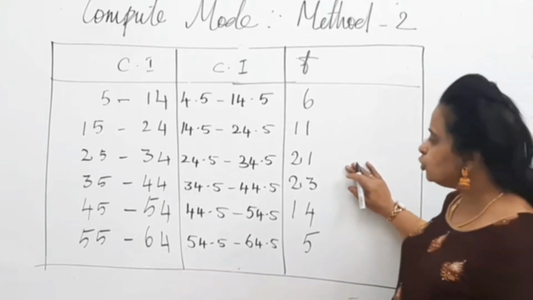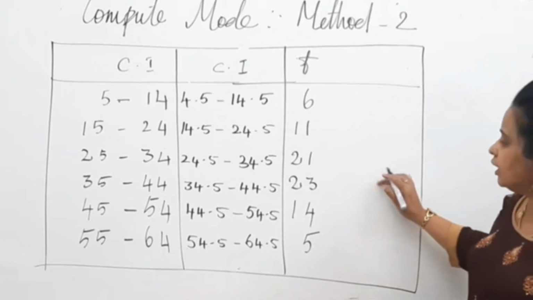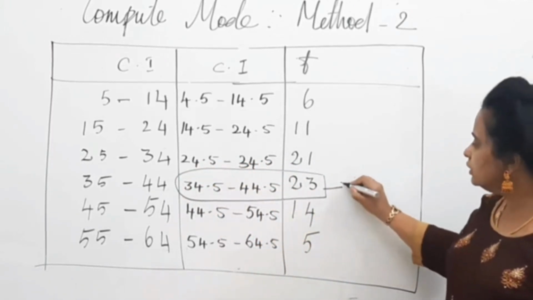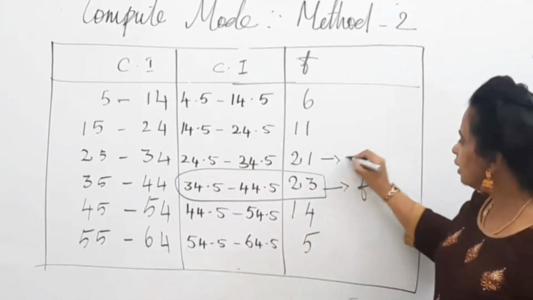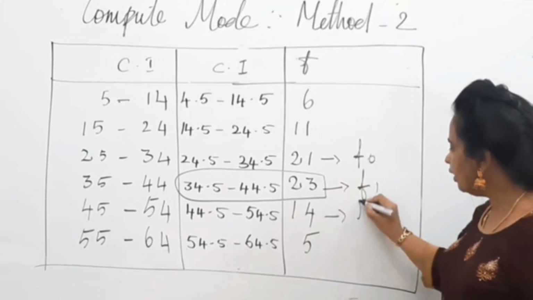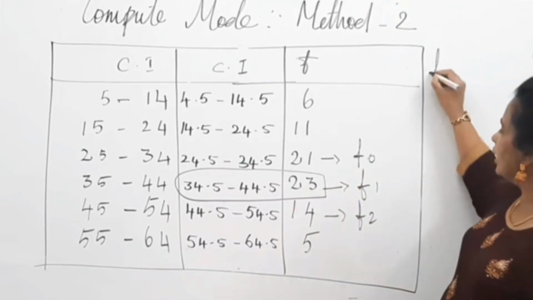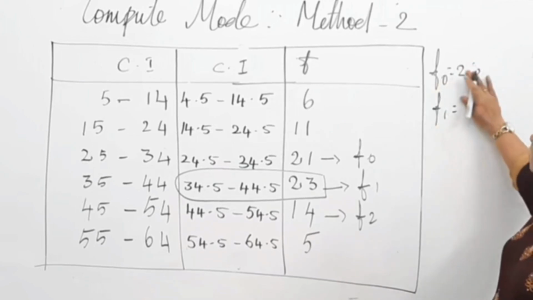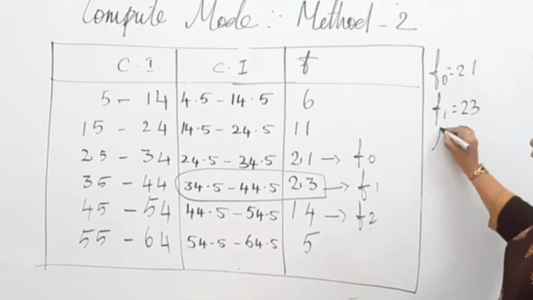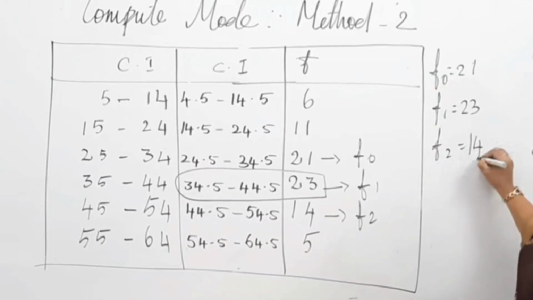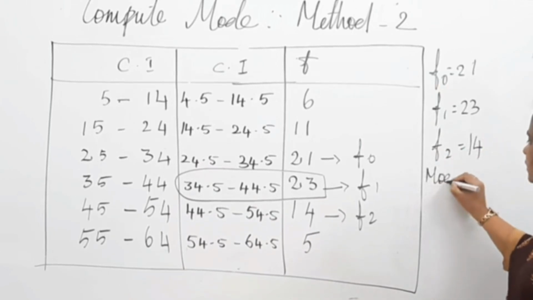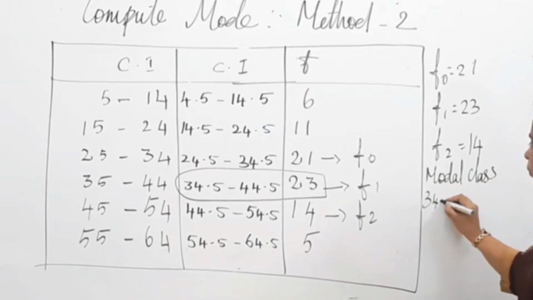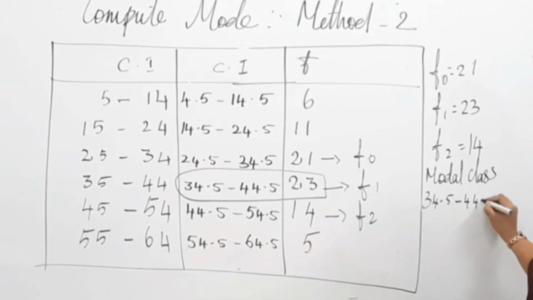Then I am going to choose my mode class. That is, this is my highest frequency. So this is my F1 and this is my F0 and this is my F2. So I would write my F0 is equal to 23, F1 is equal to 23, F2 is equal to 14 and my modal class is 34.5 to 44.5.